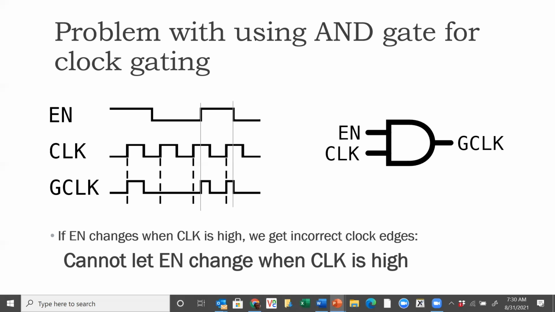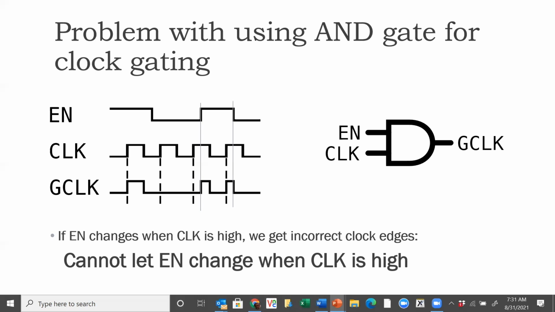So this is a serious problem with this simple idea of using an AND gate for gating clocks. And the problem is that when the enable to the AND gate changes state when the clock is high, then we have incorrect pulses at the output of the AND gate.